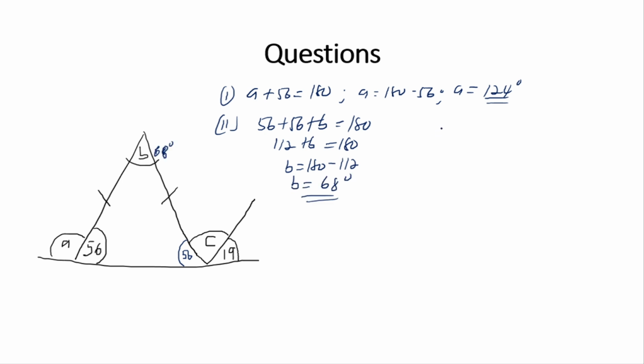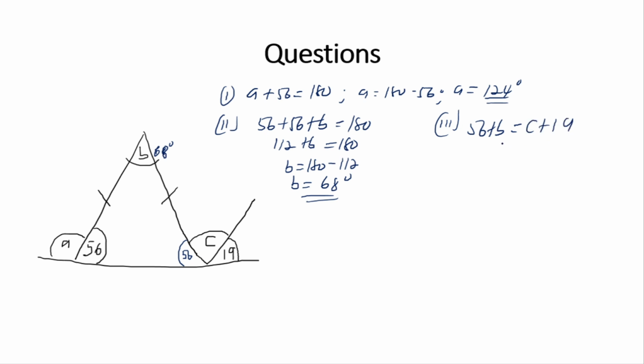Now, the third part of the question says that you have to find the value of C. We learned that the sum of two interior angles of a triangle is equal to the exterior angle of a triangle. And so in this case, 56 plus B is equal to the exterior angle, that is C plus 19.